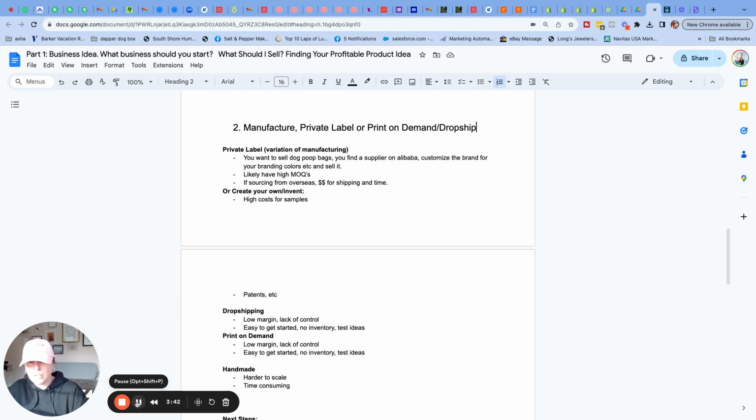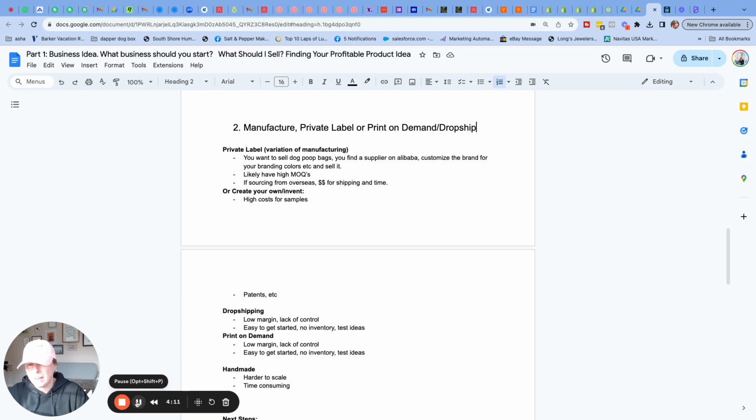For example, for the dog poop bag company I am starting, the MOQ for creating a custom product is 10,000 poop rolls. So that's a lot of poop bags. It's a lot of risk to make a gamble like that, not knowing whether people are even going to want this. Do people like the color, that kind of thing? So you're likely going to have higher minimums if you're doing any kind of private labeling and manufacturing.